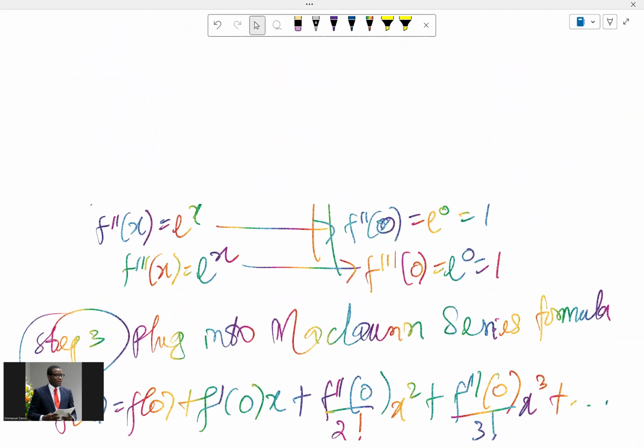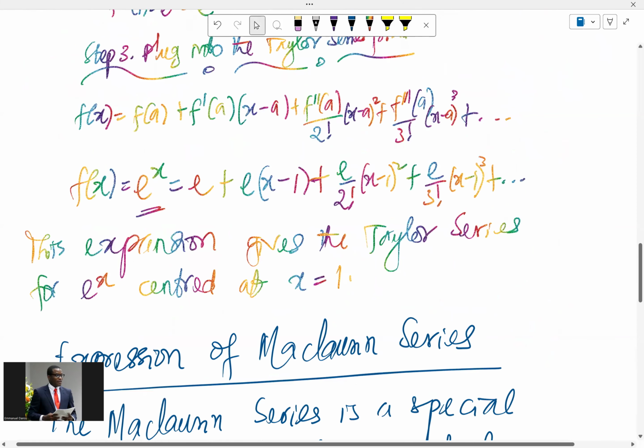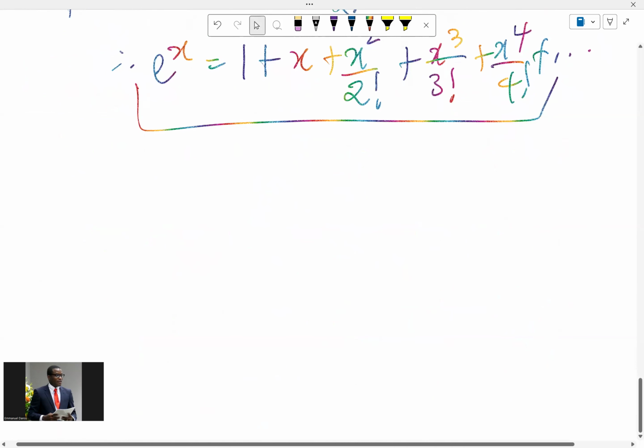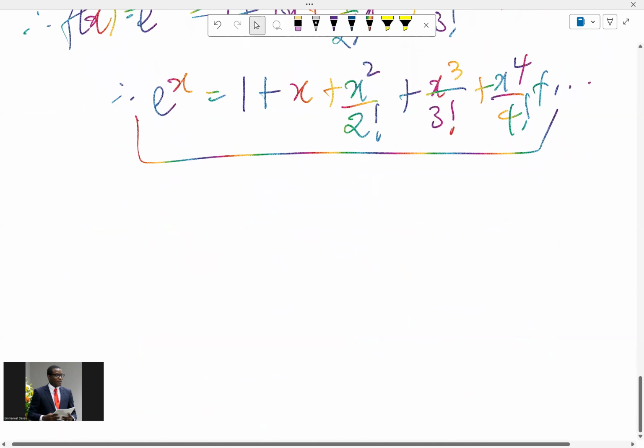It is obvious that the Maclaurin series is way easier than the Taylor series. So let's take one or two examples and see how we can get the series for other expressions.